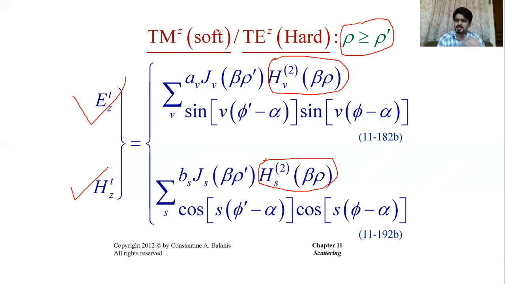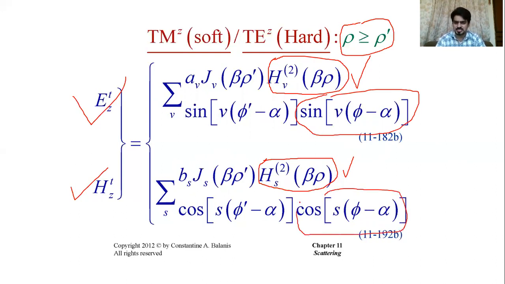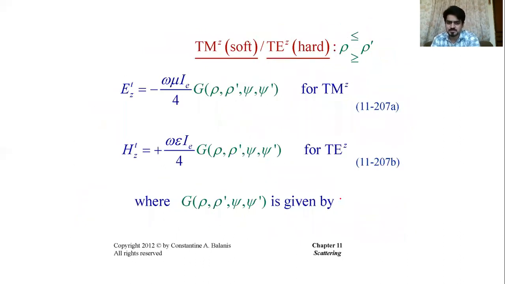If you remember, in the second region, you will always have traveling waves, waves traveling outside, and that's why we have a Hankel function of second kind to represent that kind of waves. And along with that, we also introduce sine functions for TM to Z polarization, and for TE to Z polarization we introduce cosine functions. Using the same logical reasoning, the total E field should vanish on the phi equals alpha face.